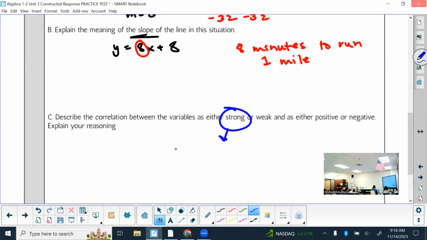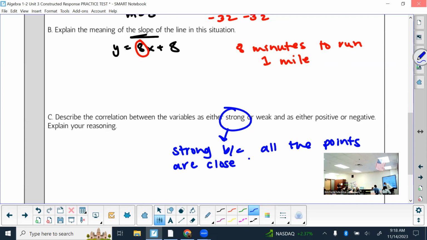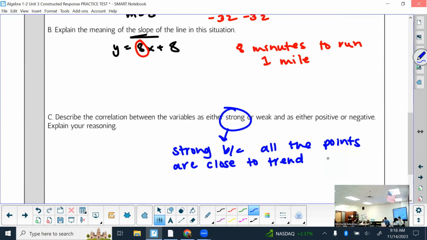So then when you're explaining, you could say strong because all the points are close to the line of fit. Because that is what makes it strong. I'll do trend line, make it shorter. So strong because all the points are close to the trend line.